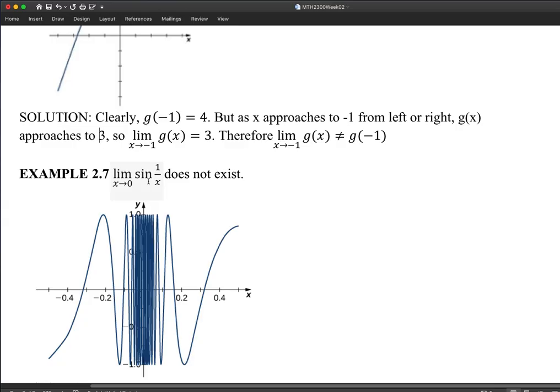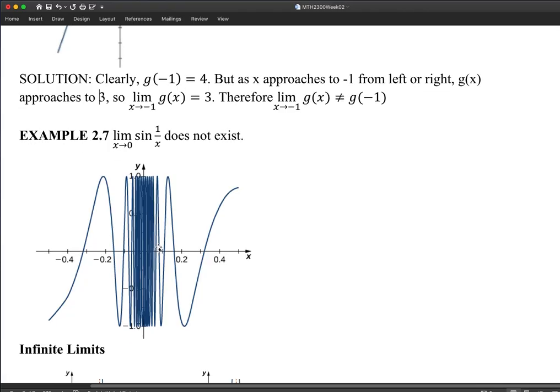And then the thing is, we are having the graph of sine of 1 over x. X is approaching 0, and 1 over 0 really is not defined. So you can try some small values as x approaches 0. And also, I took this graph from the textbook.